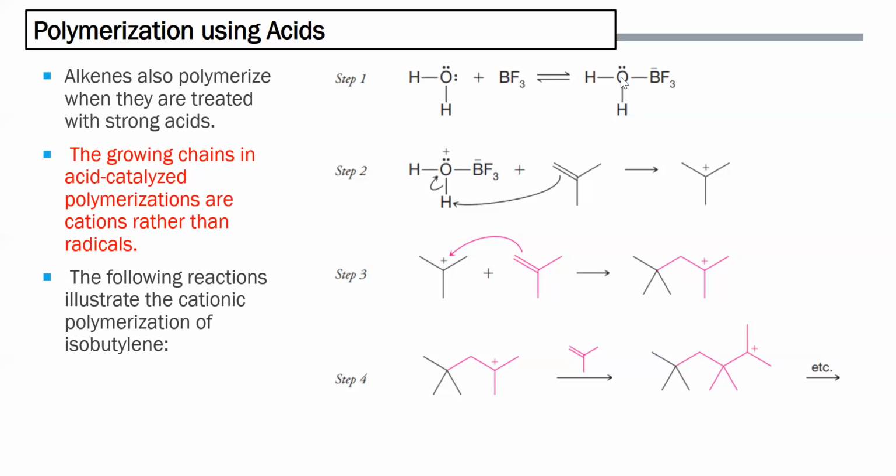Oxygen here is positively charged. And boron here contains 4 bonds without an electron: group 3 minus number of bonds 4, it becomes negatively charged.